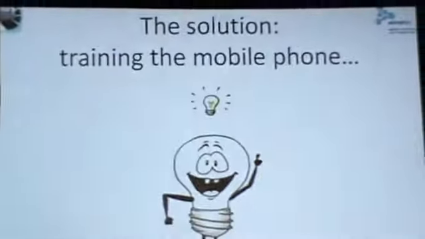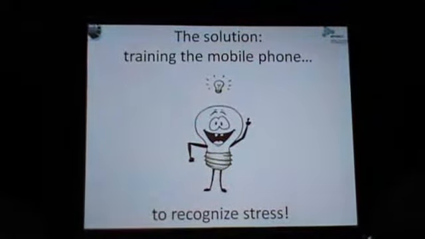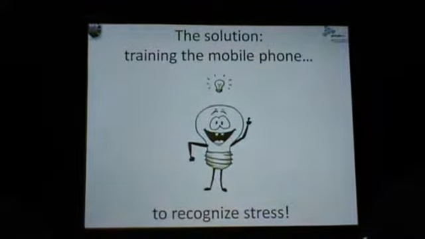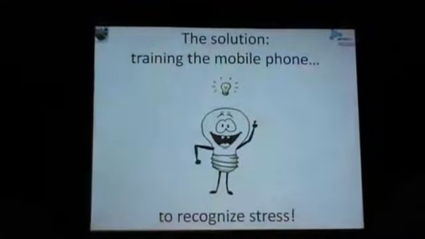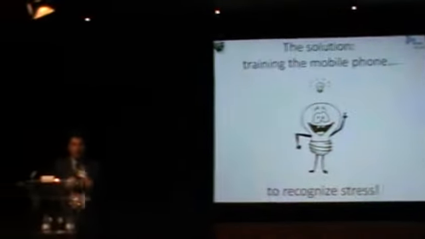So we tried to address this problem by developing an artificial intelligence system which uses the information collected by the person to train itself and to learn about the personal response to stress of a specific person. So instead of creating a universal mathematical model of stress, which makes no sense, we created a model which is calibrated on the specific characteristics of the person.